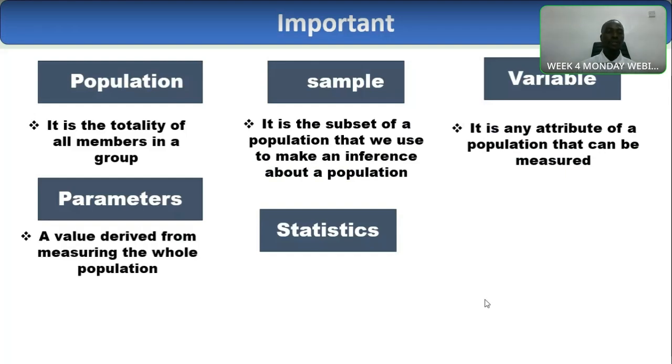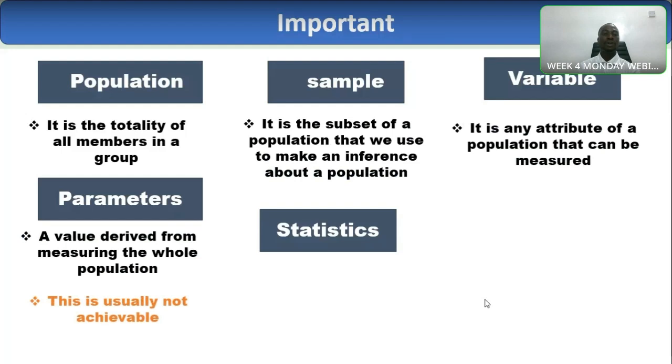Then we talk about parameters. It's a value that we derive from the whole population. So when we measure a particular variable from the whole population, that is, we measure every member of the population, whatsoever we get is called a parameter. And like I said before, this is usually not achievable.